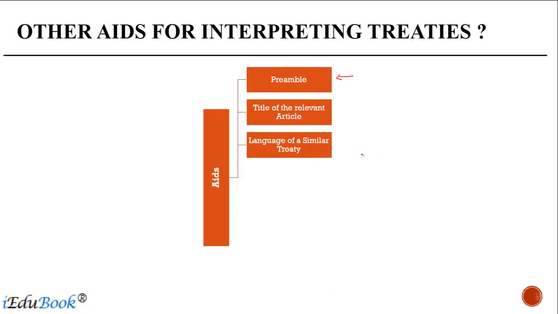The language of a similar treaty. Now, if I have to give you an example of this, the term make available is found in the context of FTAs, and for some of you this might sound a little new and this interpretation may not matter, but as you pass through some of the other articles, you'll understand this.